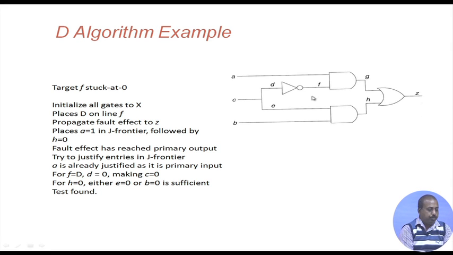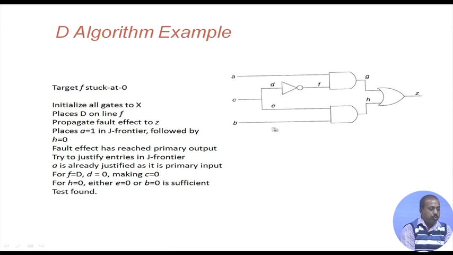Now, for F to be equal to D, this gate was in the J frontier because its output was D and this input was X. So, we have to justify this. We have to make this input equal to 0. For that we make C equal to 0. So, that way F equal to D is achieved.